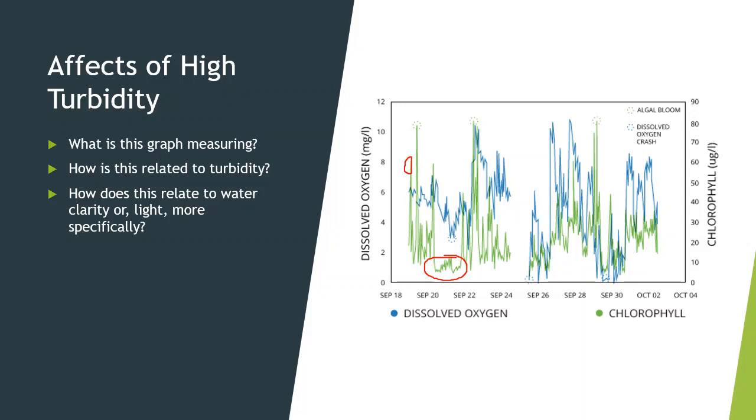The same holds true for our dissolved oxygen, yes? For our dissolved oxygen, again, we have our peak right here, or a better one actually, because it's a little bit separate from the chlorophyll graph, let's say right here. We also have our trough, let's say right here.